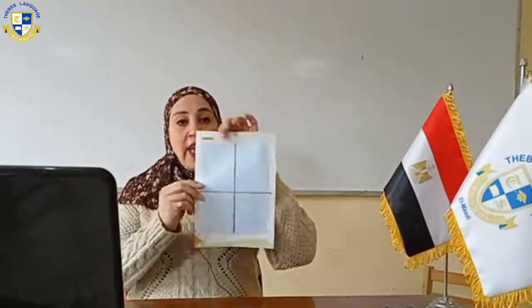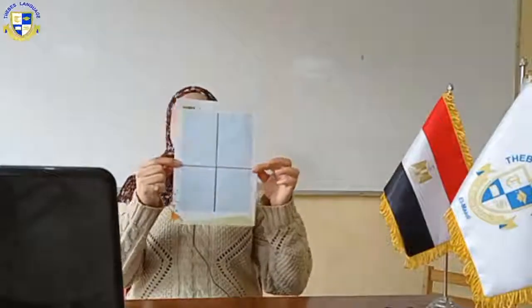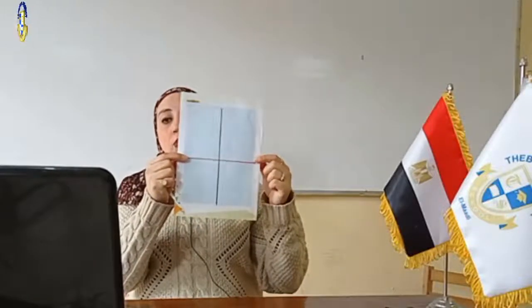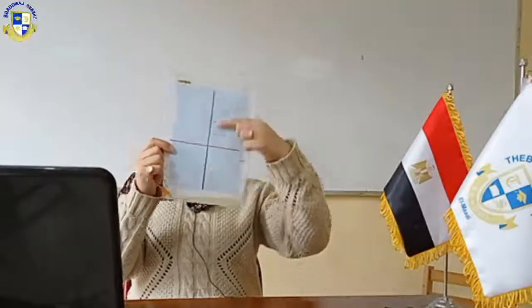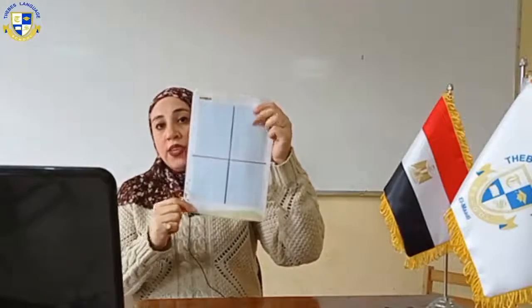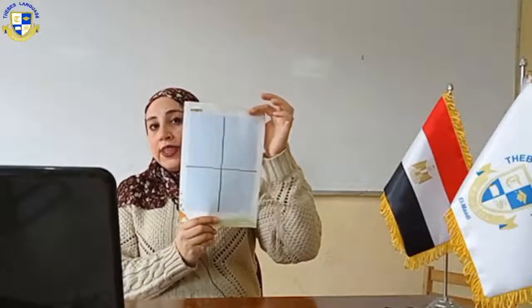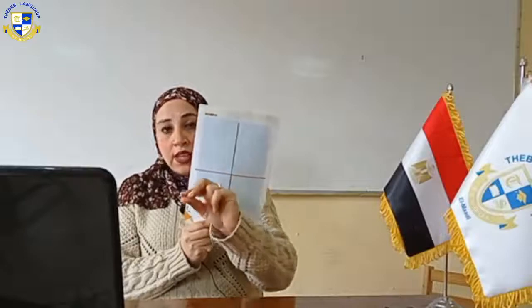Now we will use the x-axis and the y-axis. Here, the red one, the horizontal one, is the x-axis, and the black line, the vertical one, represents the y-axis. Now, I'll use these two axes to plot the dots on this Cartesian plane.